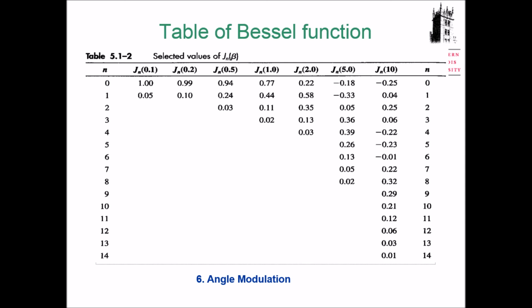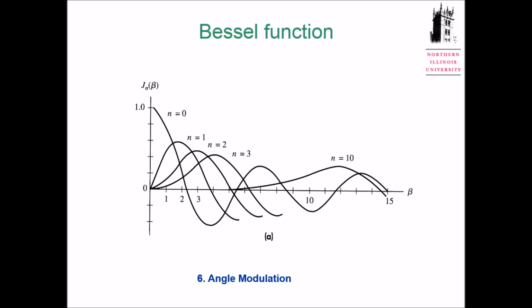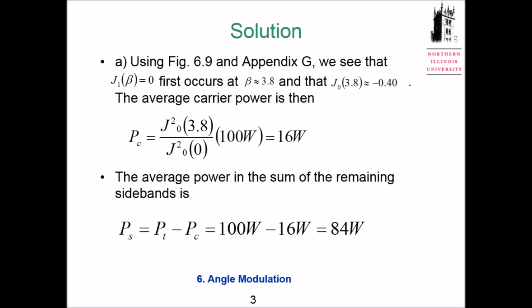From our textbook, the number is close to 4, around 3.8, 3.9. So from our textbook, use figure 6.9 and the projection number G, we see that J0 beta equals J1 beta equals 0. The crossing occurs at beta equals 3.8.